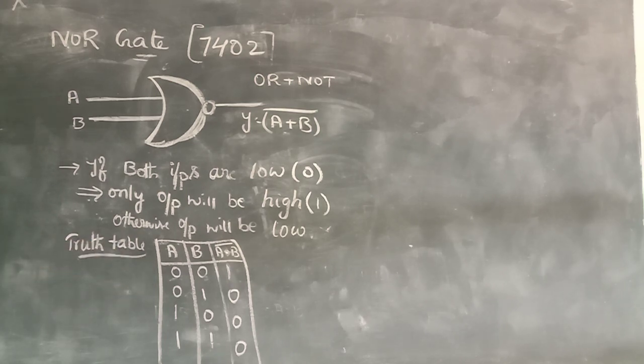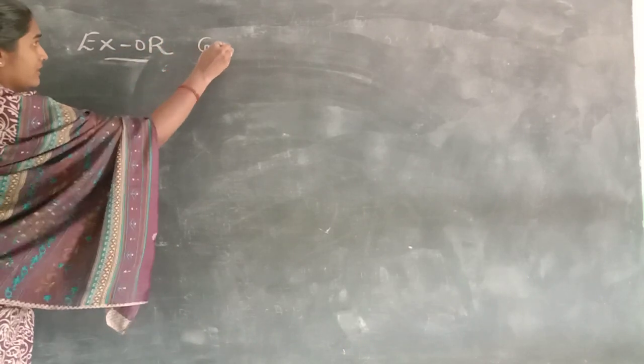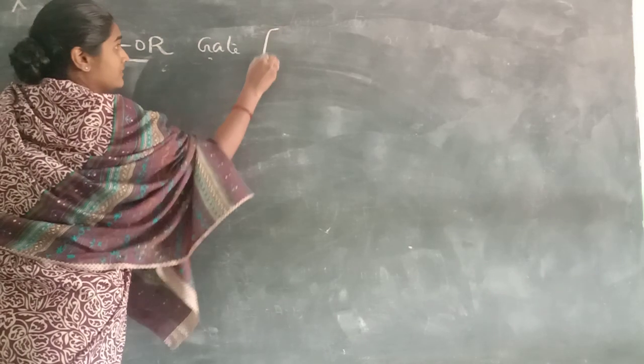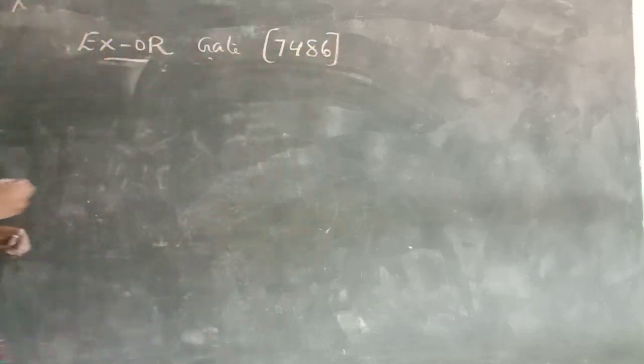And the last one is the XOR gate. What is the IC number of the XOR gate? 7486.